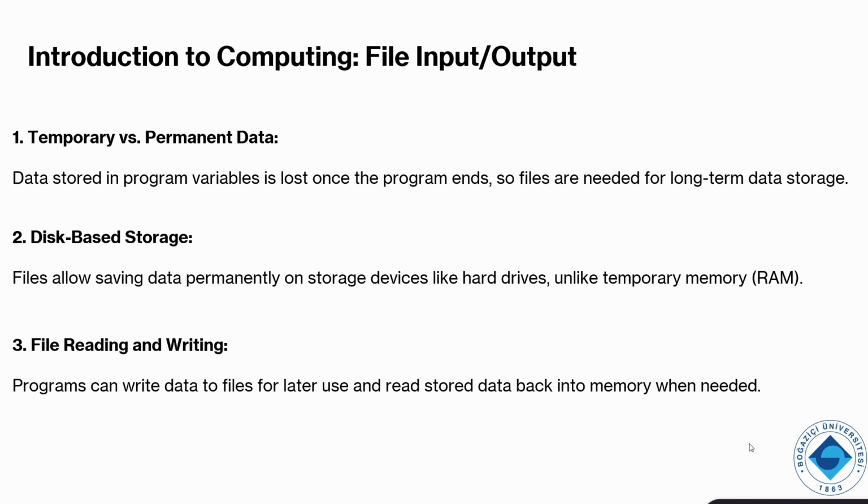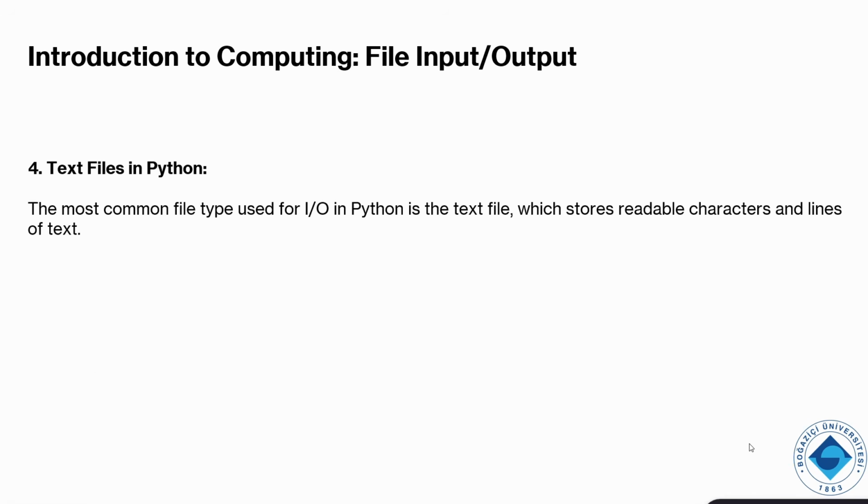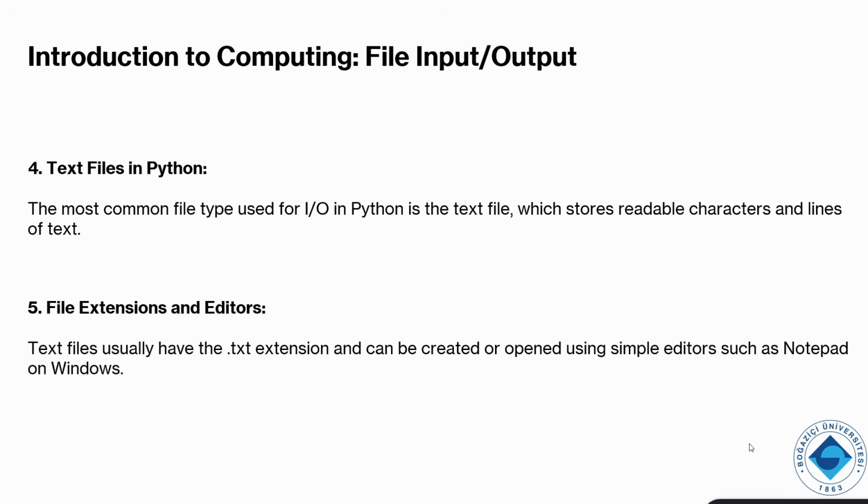Programs can write data to files for later use and read stored data back into memory when needed. The most common file type used for input-output in Python is the text file, which stores readable characters and lines of text. Text files usually have the .txt extension and can be created or opened using simple editors such as Notepad on Windows.